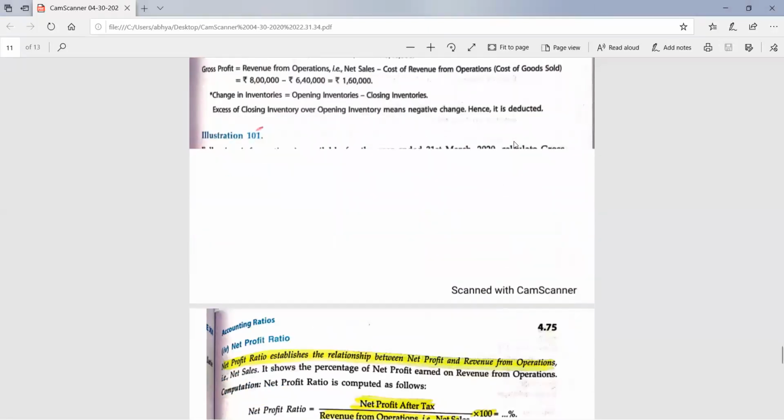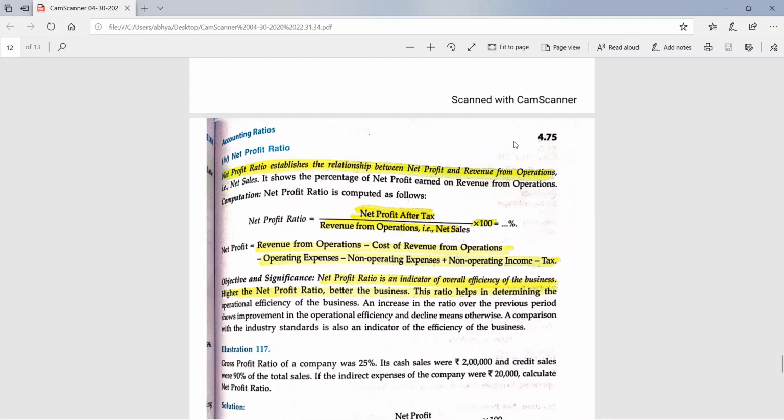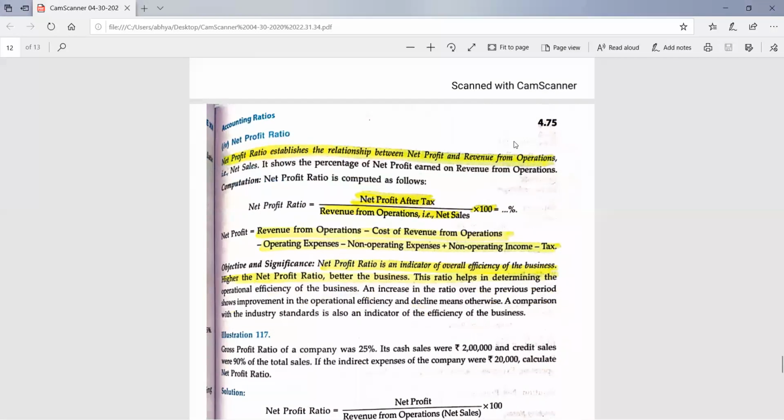So next question, next topic. Such type of questions we have to do in gross profit ratio. Now next ratio, net profit ratio, same. Everything will remain same. Only instead of gross profit, now we have to take the net profit as numerator. So net profit ratio is equal to net profit after tax.